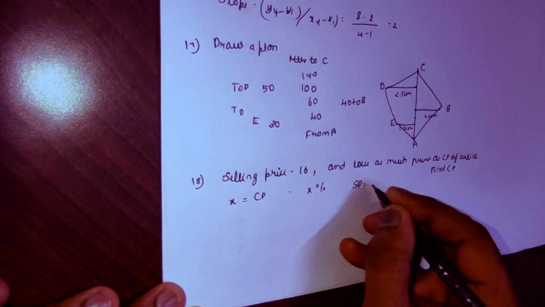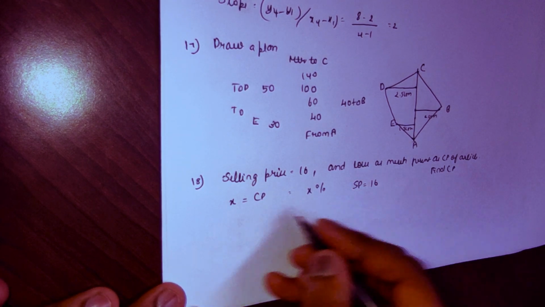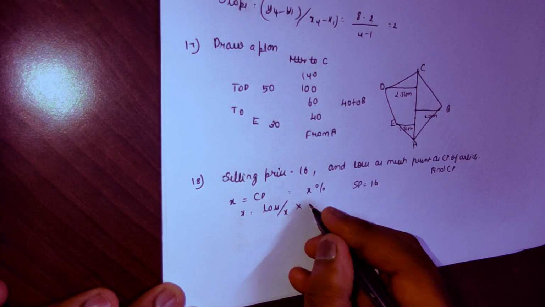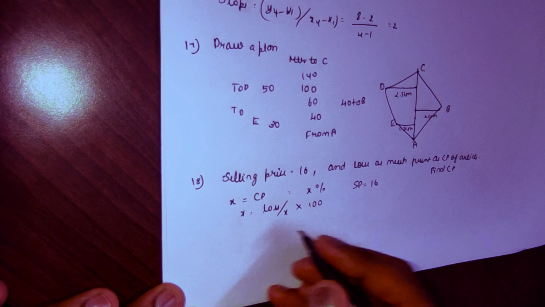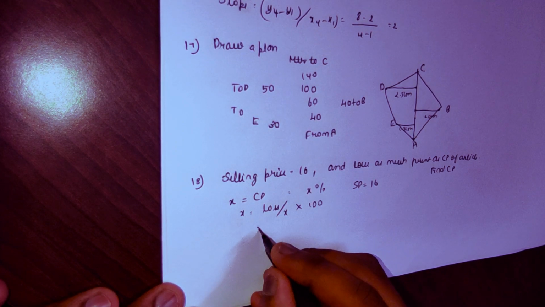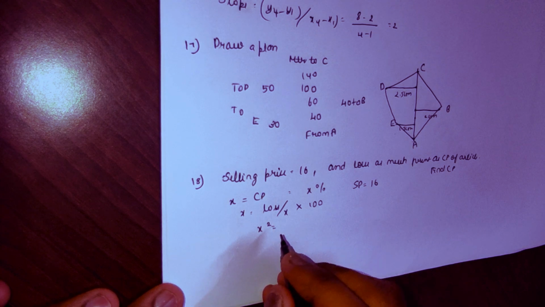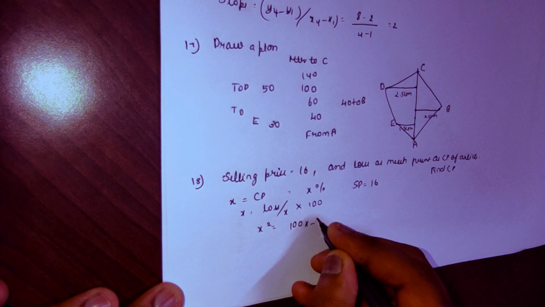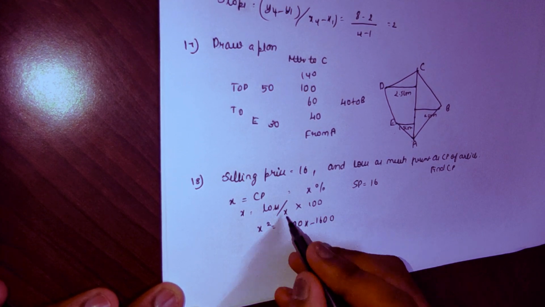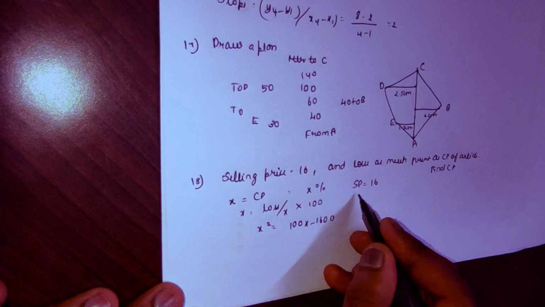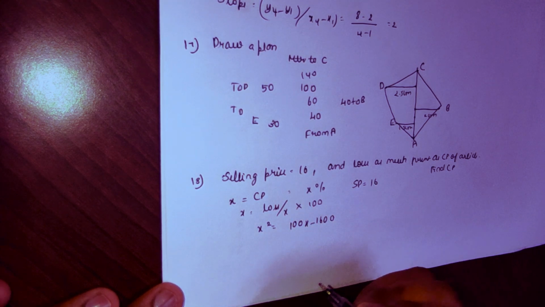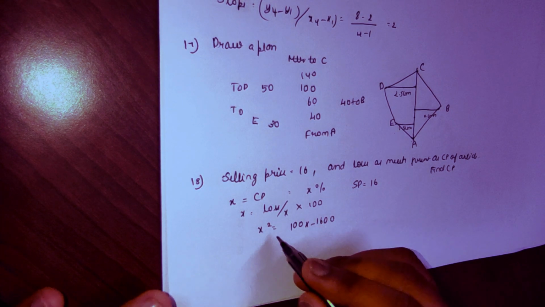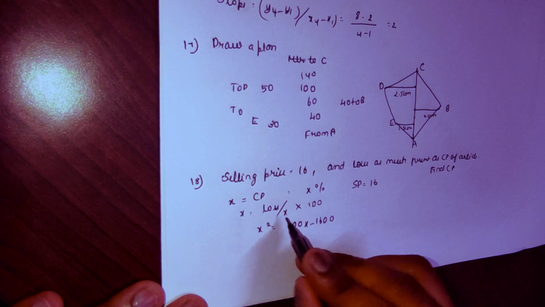Loss percentage becomes x percentage. Selling price of the article is 16, so loss is x, loss by x into 100. This is the loss percentage, so we'll get x square is equal to 100x minus 1600. Substitute the value of loss, that is x minus 16. Loss is nothing but x minus 16.